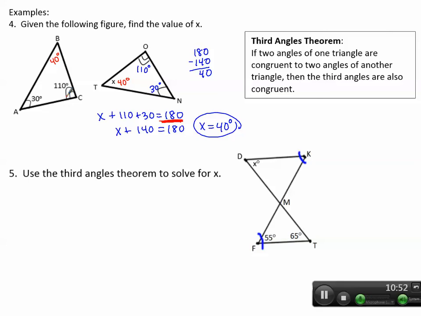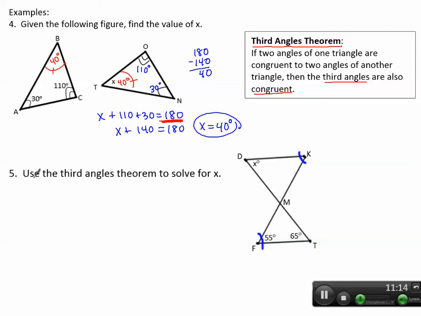Therefore, a quicker way to think about this is that when two angles are congruent to two angles, then the third angles have to be congruent. And that's called the third angles theorem. If two angles of one triangle are congruent to two angles of another triangle, then the third angles are also congruent.